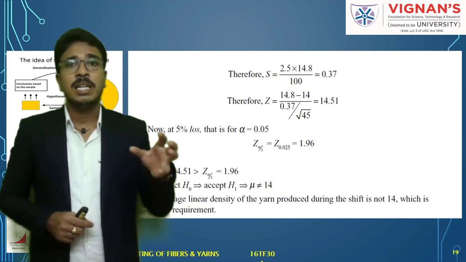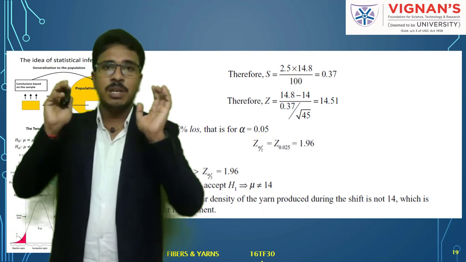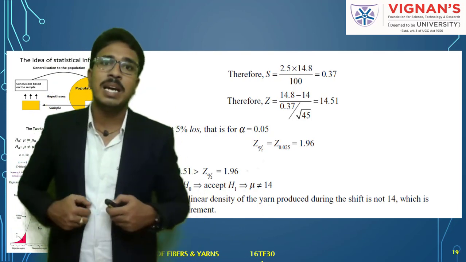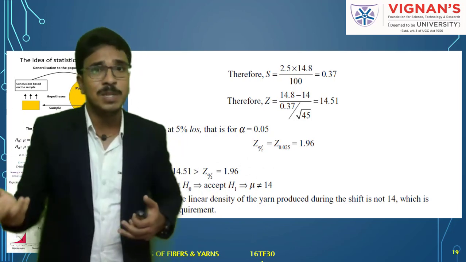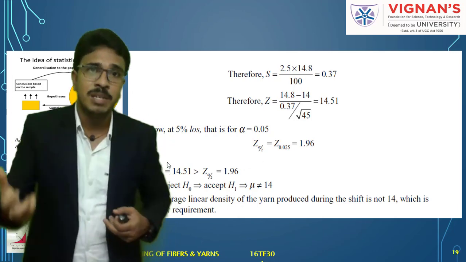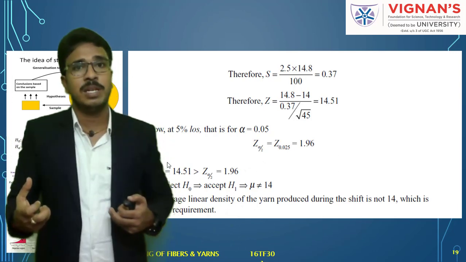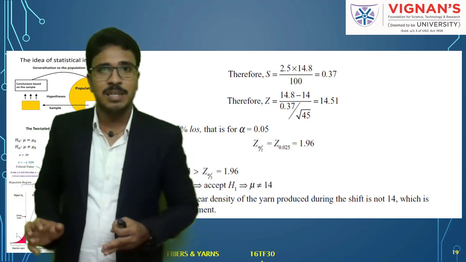That means, as we have seen in interval estimation, where you say that with some confidence, that confidence may be 100%, or that confidence may be 95%. If you are saying 95% confidence, that means 5% you are leaving out.